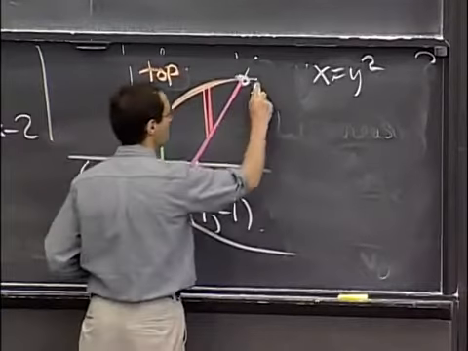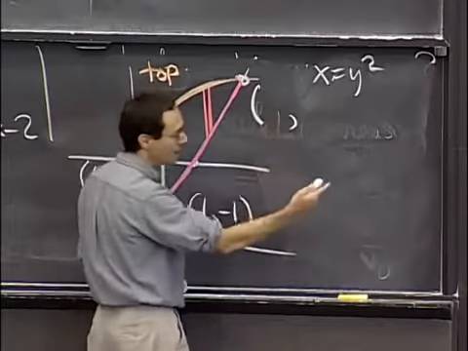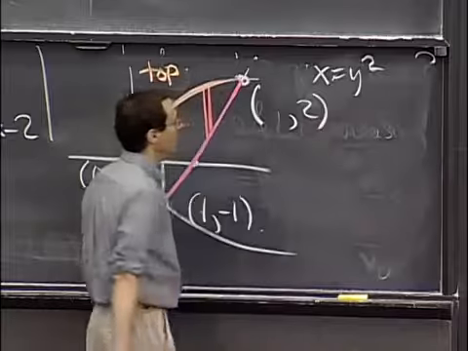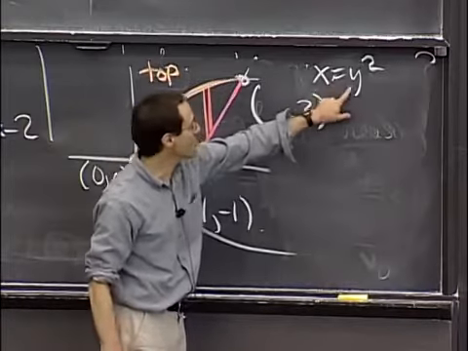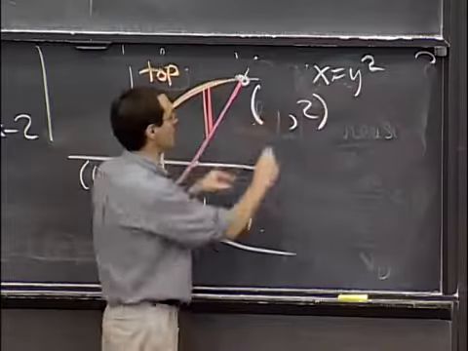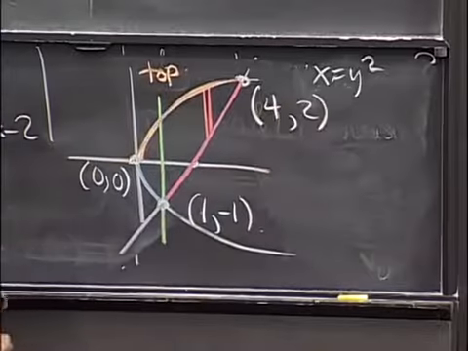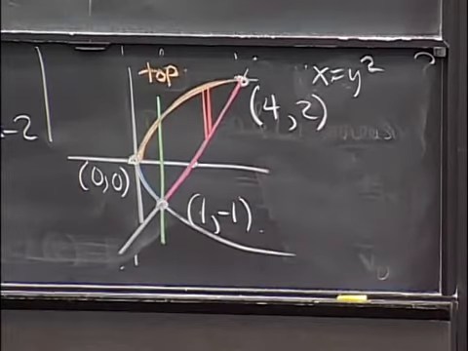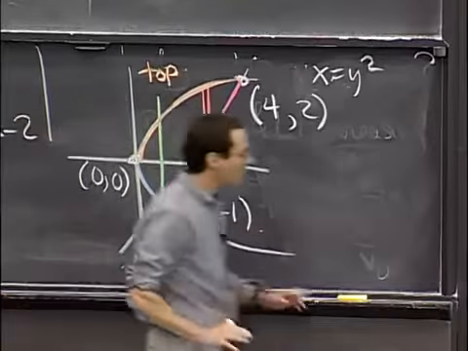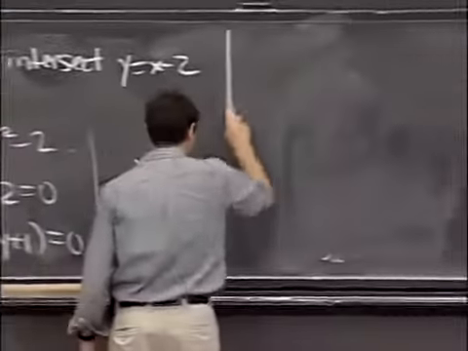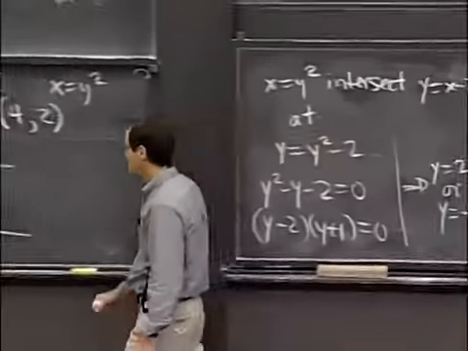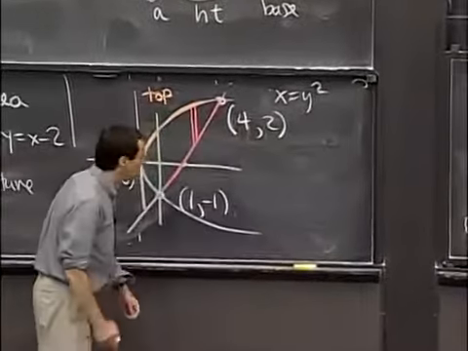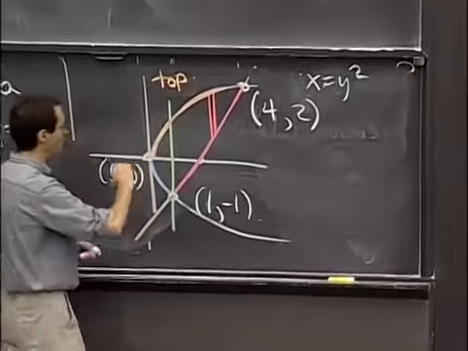And the other point has second entry 2. And again, with this formula y equals x squared, I have to square y to get x, so this is 4. All right, now I claim I have enough data to get started, but maybe I'll identify one more thing.